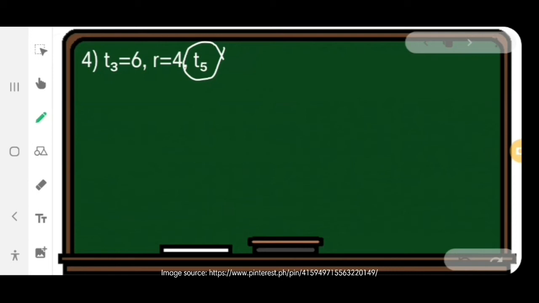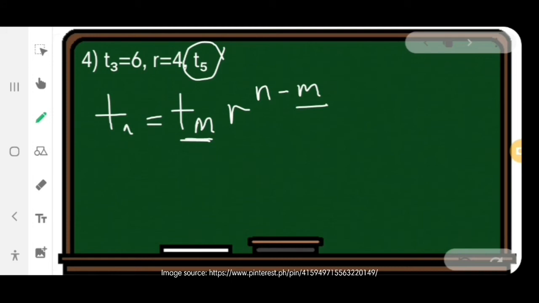Now, when you are not given the first term, you can use the formula t sub n is equal to t sub m times r raised to n minus m, where t sub m here is the lower extreme or the given term of the geometric sequence, and m is the location of the lower extreme or the given term of the geometric sequence. This formula can also be used when you are also given the first term.